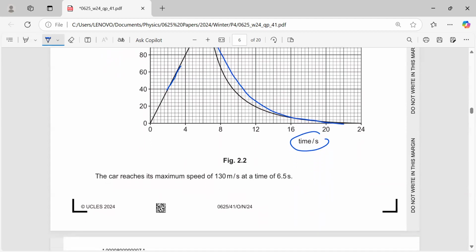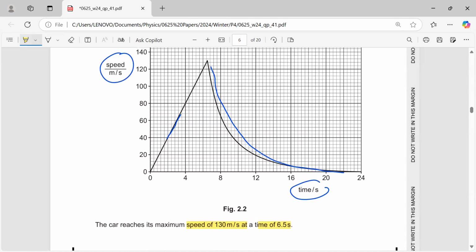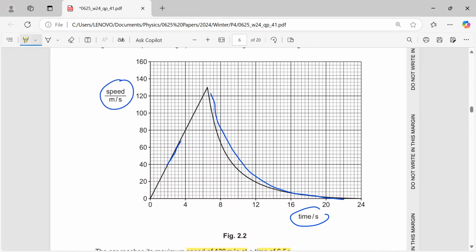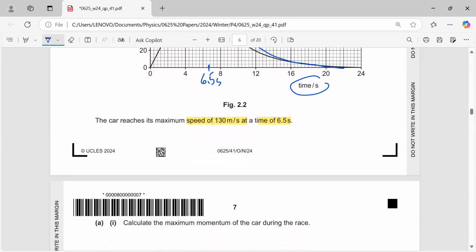So let's see what is their demand. They are saying that the car reaches its maximum speed of 130 meter per second at 6.5 seconds, right? At this point, the value is 130, and along the horizontal axis it is 6.5 seconds. This is the maximum value here.